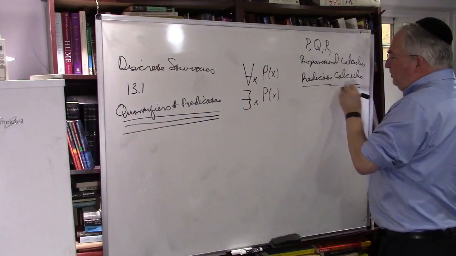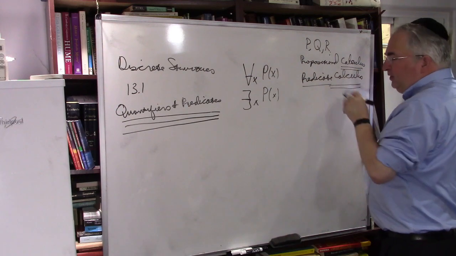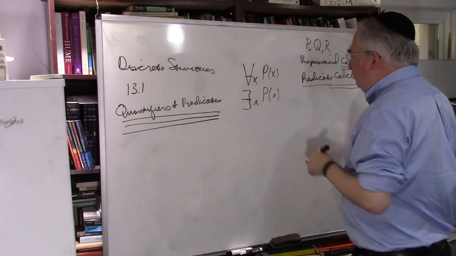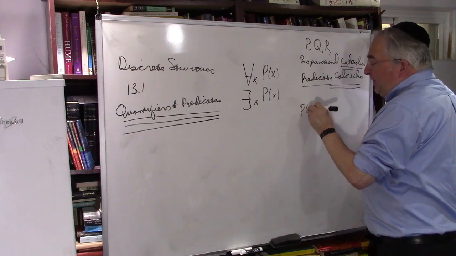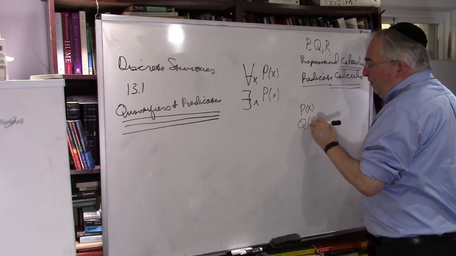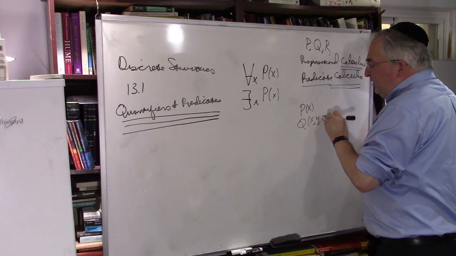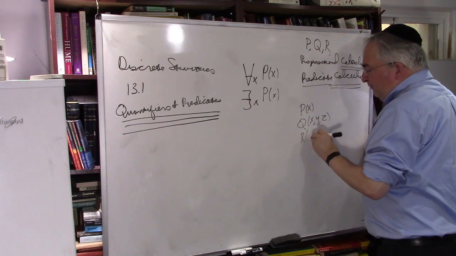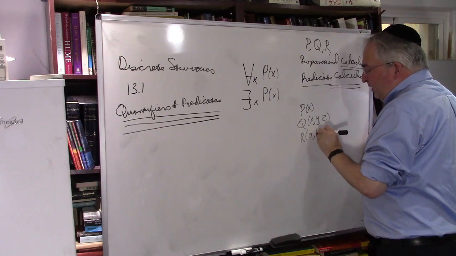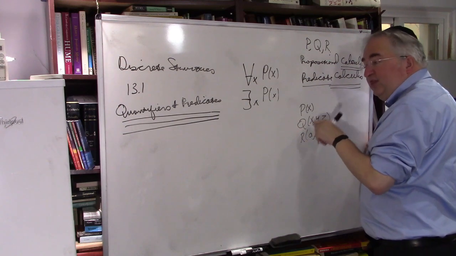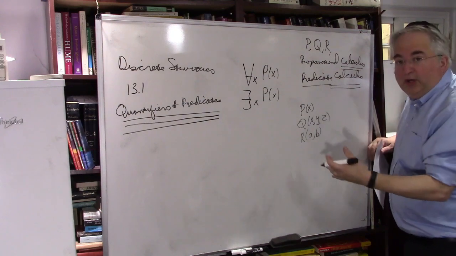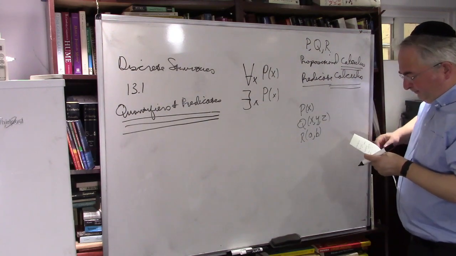The word calculus means how do you calculate with it, how do you do things with it. Predicate calculus is about P of X, Q of X, Y, and Z, R of little a and little b. These are things or variables that denote things that we're talking about.